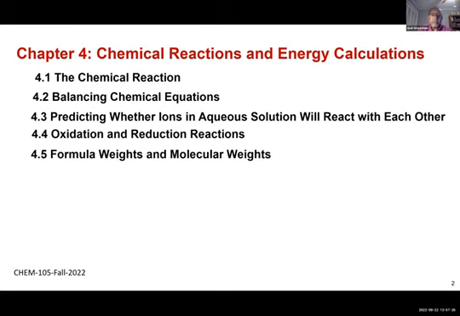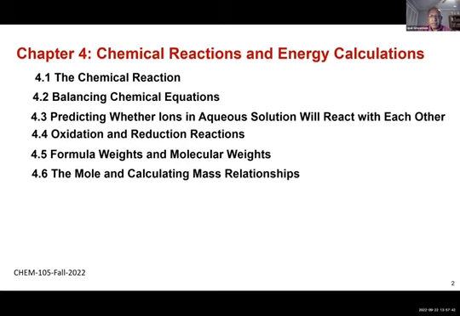To calculate products formed in a chemical reaction, we have to get the formula weight or molecular weight of reactants. So we need to know how to calculate molecular weight. It's simple: add up the atomic masses of the various elements in the formula to get the formula weight or molecular weight. Formula weight is for ionic compounds. Molecular weight is for covalent compounds.